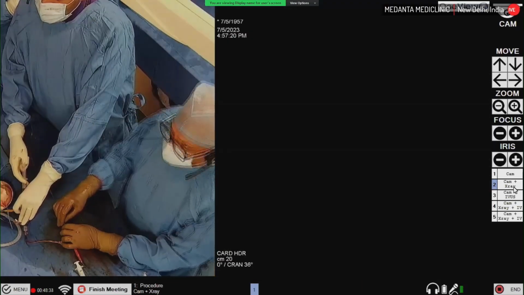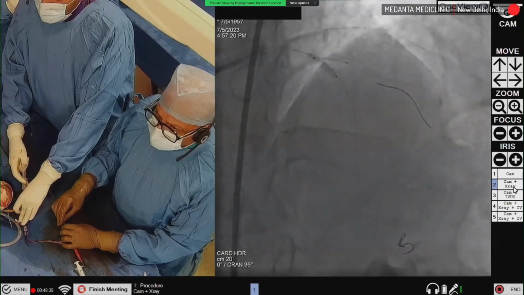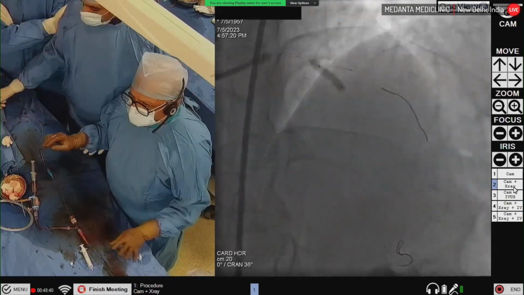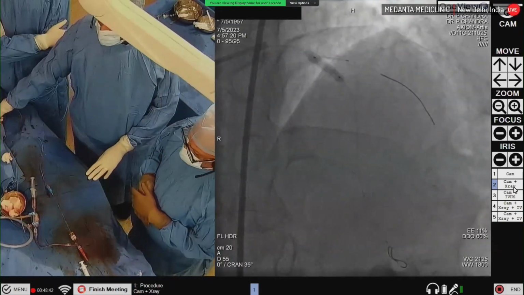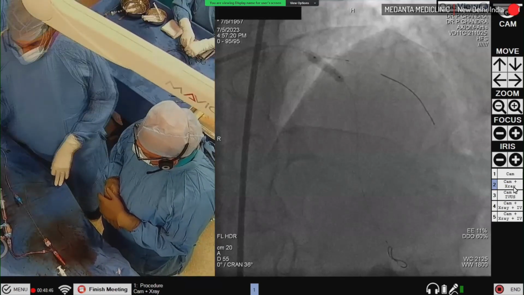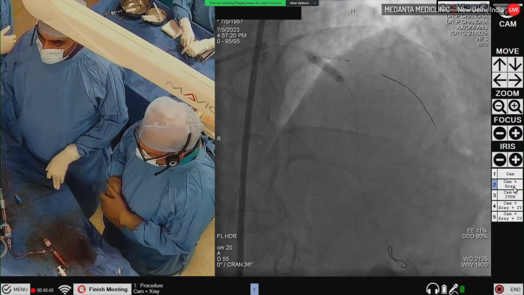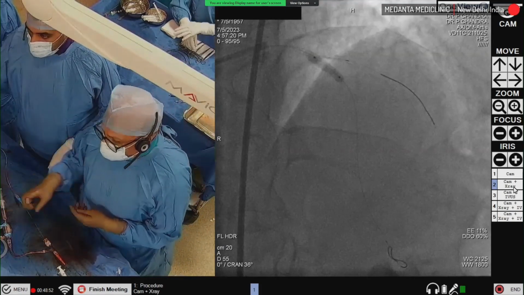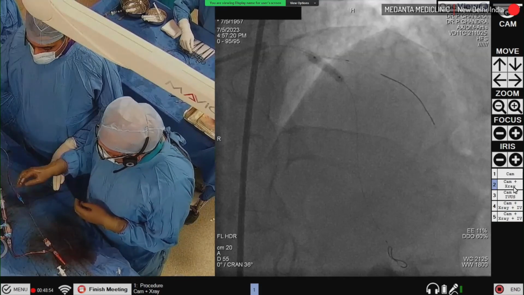Go up. 1, 2, 3, 4, 5, 6, 7, 8, 9, 10. So we are at 10 atmospheres, and with this 3.5 into 15, again this same balloon, Magic Touch, which is a sirolimus eluting balloon, and again made by Concept Medical in India.